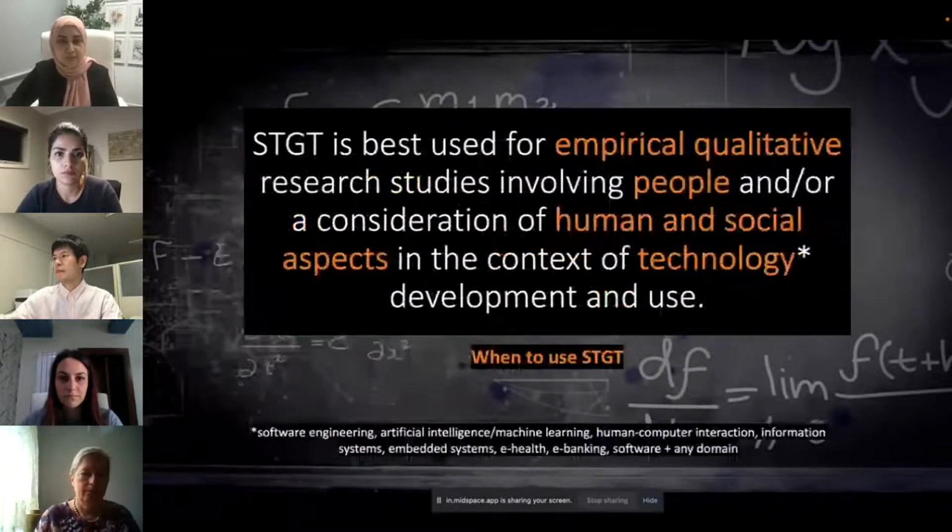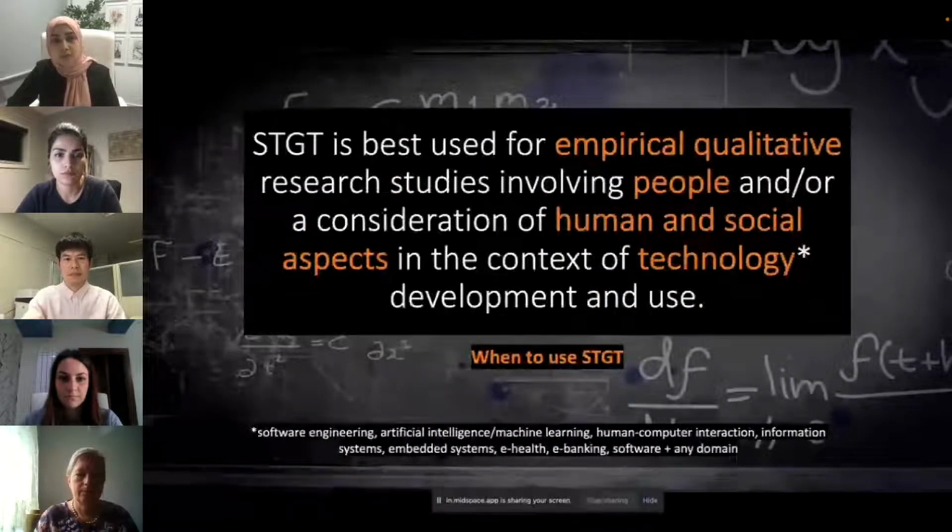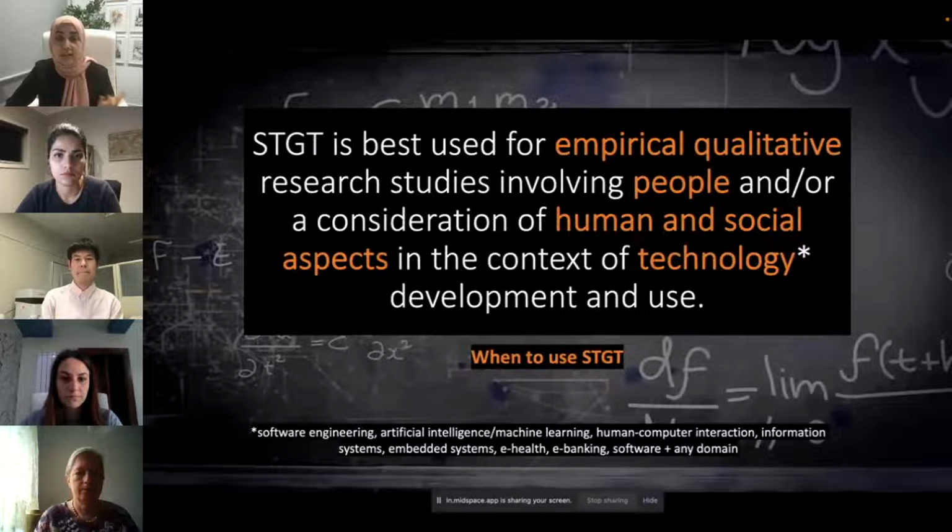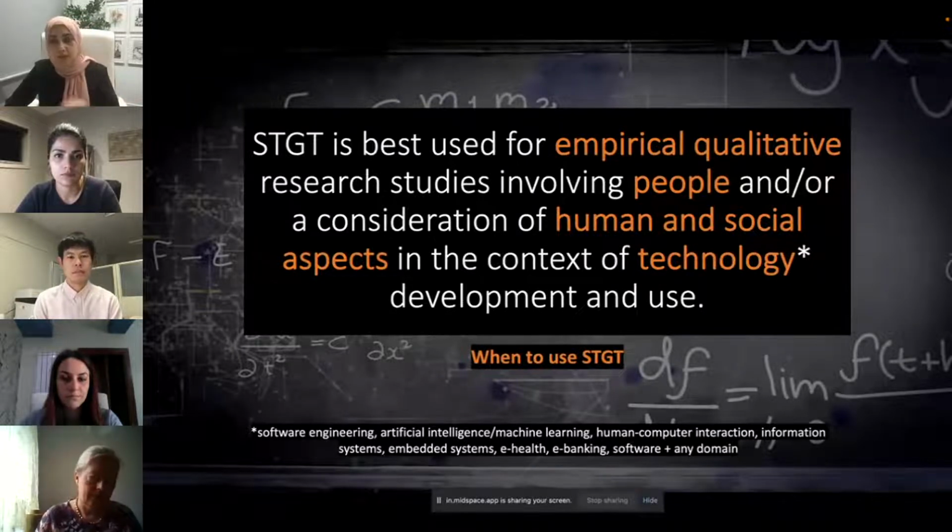So you may be wondering what it is and when to use it. STGT is best used for empirical qualitative research studies that involve people and/or a consideration of the human and social aspects in the context of technology development and use.